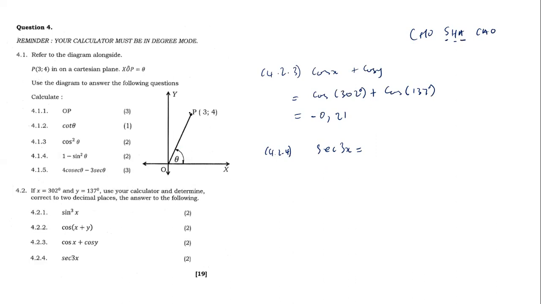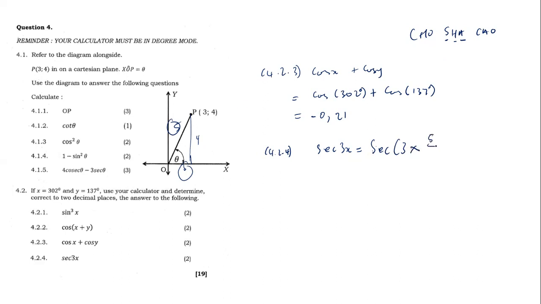So our hypotenuse is 5, and our adjacent is 3. So we're going to say sec 3 multiplied by, remember, sec is hypotenuse over adjacent.